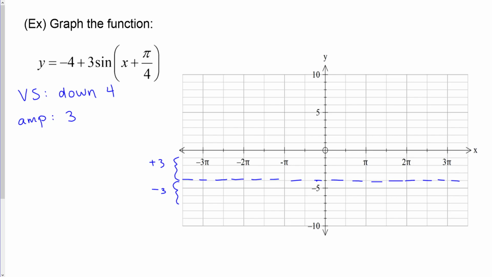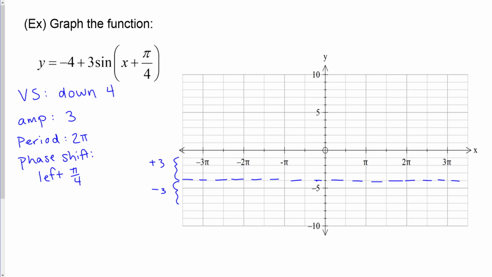There is no difference in period. So the period is still 2 pi, but there is a phase shift. And that phase shift is going to move everything to the left by pi/4 units.